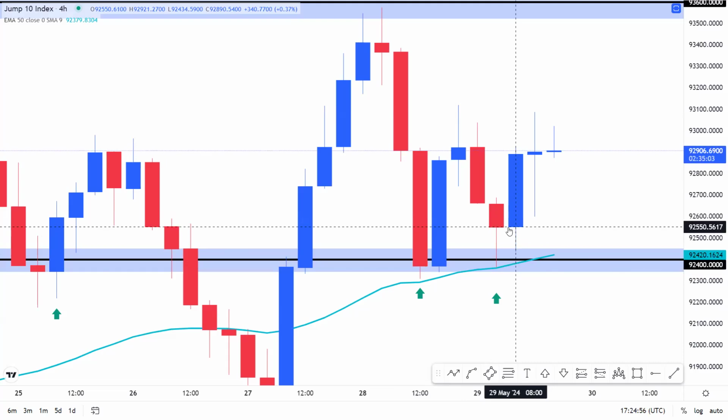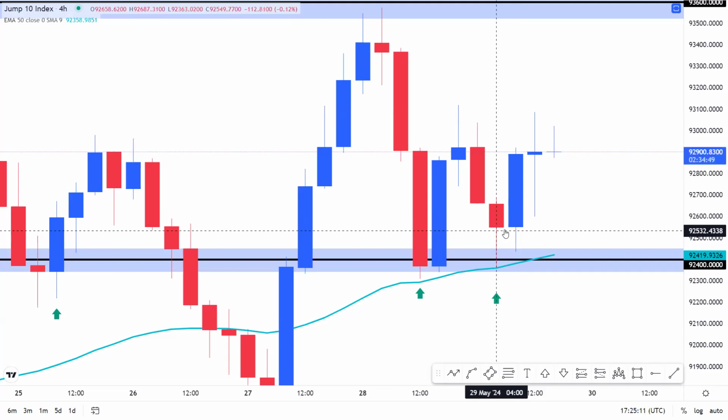So sellers have succeeded in selling price all the way to these lows right about here. And because this is a buyer's zone, the buyers pretty much stepped right back into the market, pushed price back from these lows, and then back all the way to the upside.